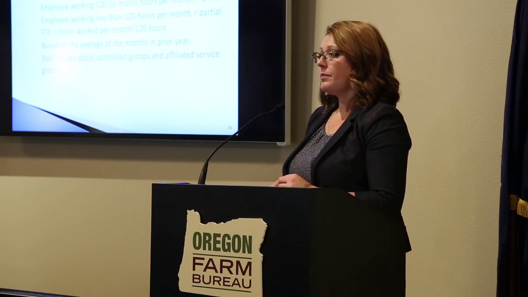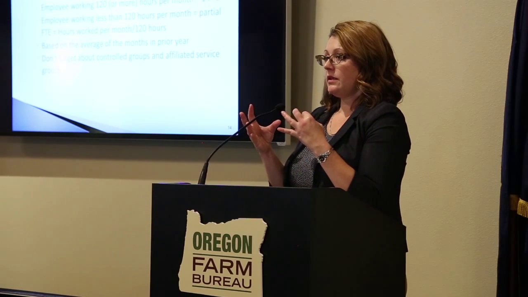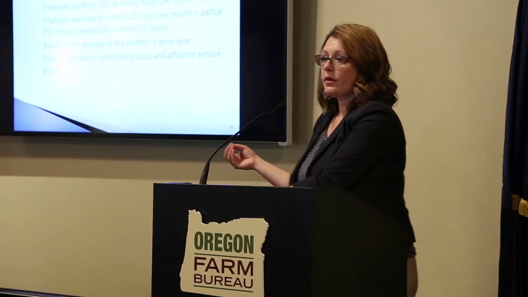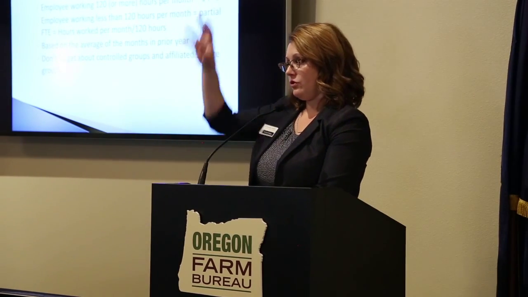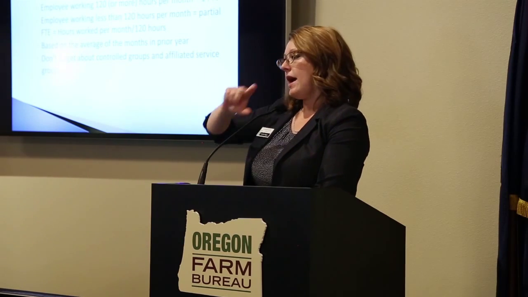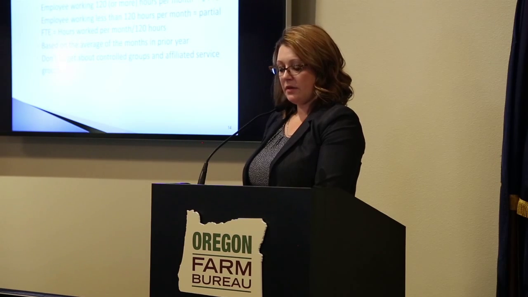Then you take everybody who worked under 120 hours, you add up all their hours together, divide by 120, and that's your equivalency number. You add it to all your ones, that's your January number. You do the same for February, you do the same for March. Then you average it out, and that's your snapshot for the year. All right?